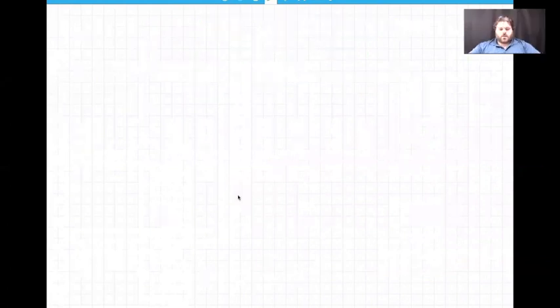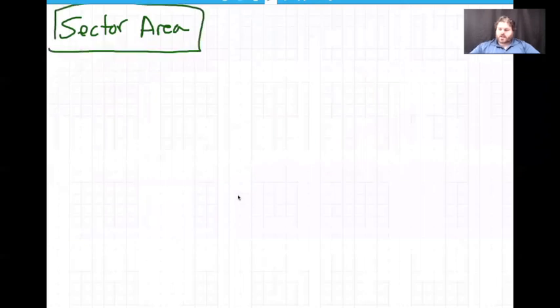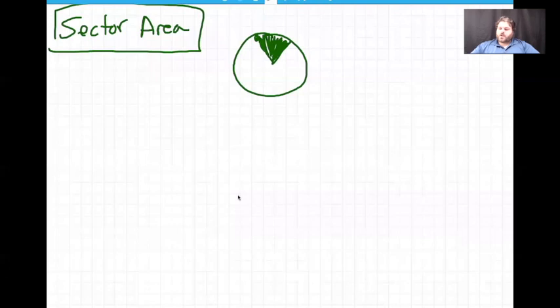All right, so now we're going to talk about sector area, so the area of one of these sectors. Just a quick reminder, we've got the central angle, and it forms what we call a sector. We're just going to be able to calculate that area. So the formula basically is that the sector area is what fraction of the circle we're talking about, the same thing as arc length.